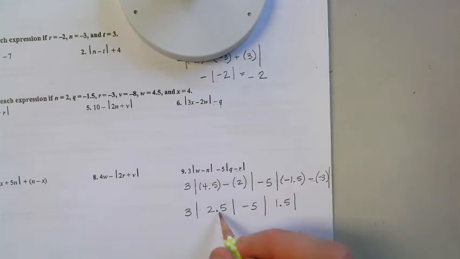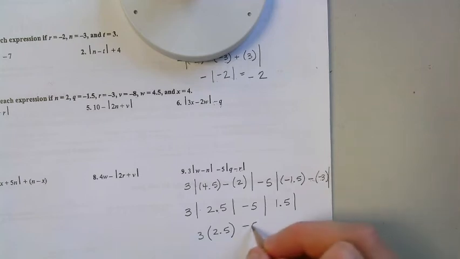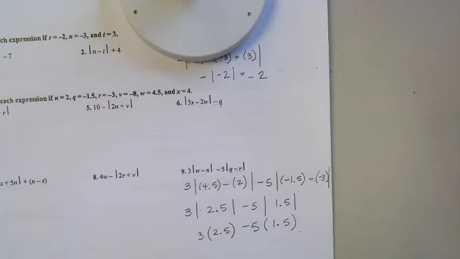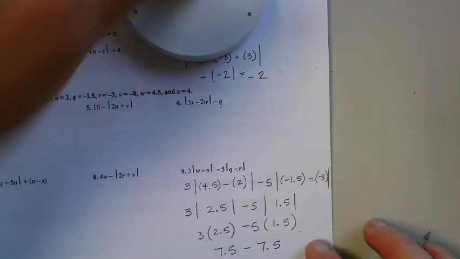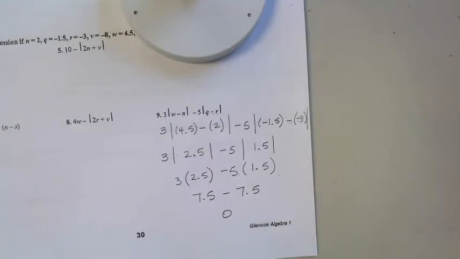From there, we do the absolute value, so we have 3 times 2.5, which obviously becomes positive, and 5 times 1.5. If we multiply these before we subtract, 3 times 2.5 is 7.5, and 5 times 1.5 is also 7.5. We subtract them, so our answer is 0.